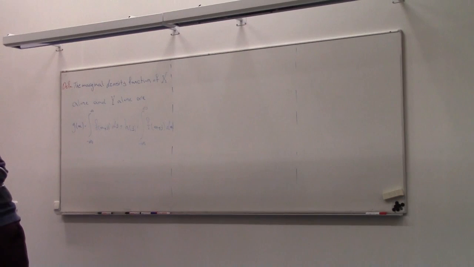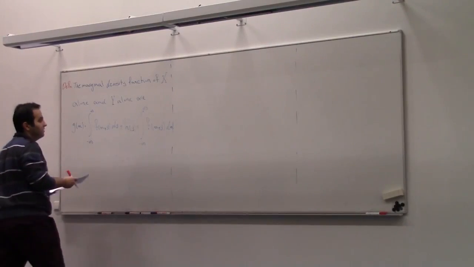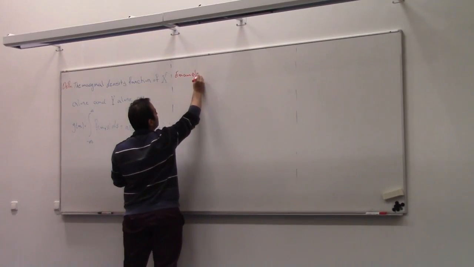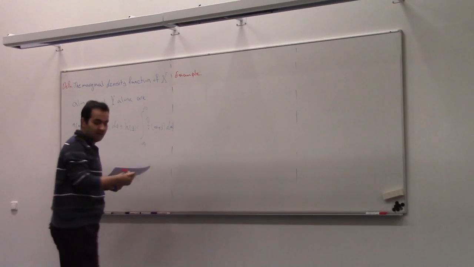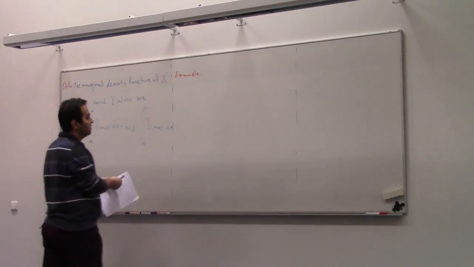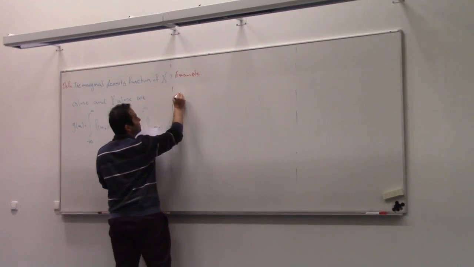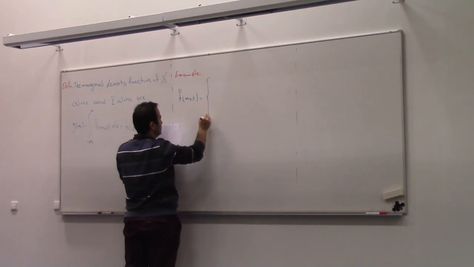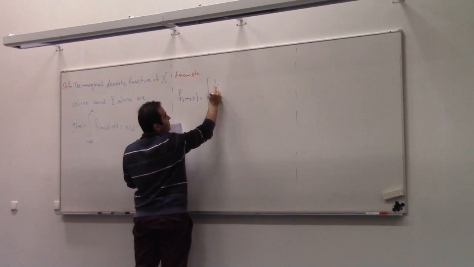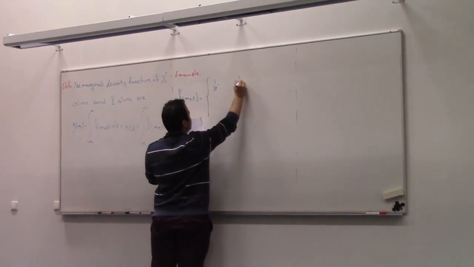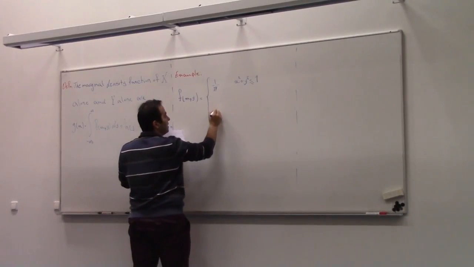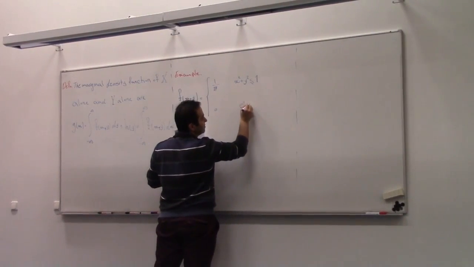Now, we have an example. We have a function like this: f(x,y) equal to 1 over pi when x squared plus y squared is less than or equal to 1, and 0 else.